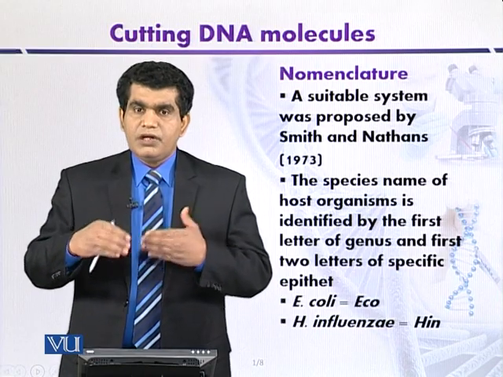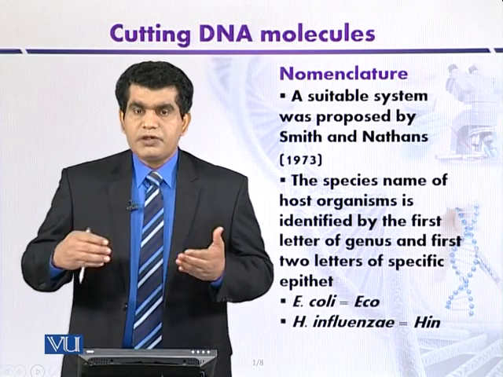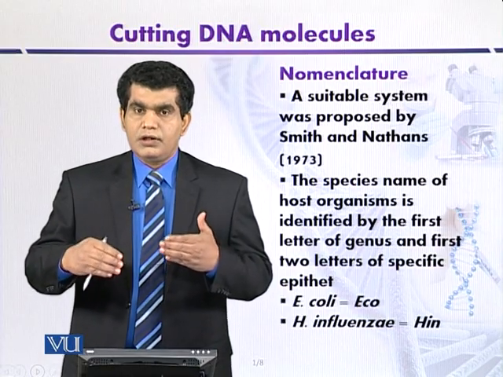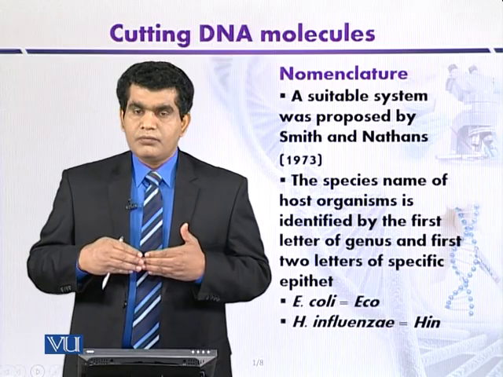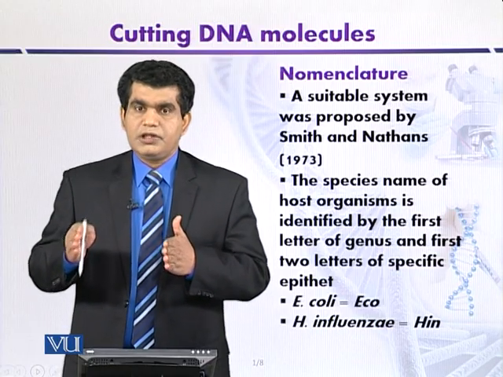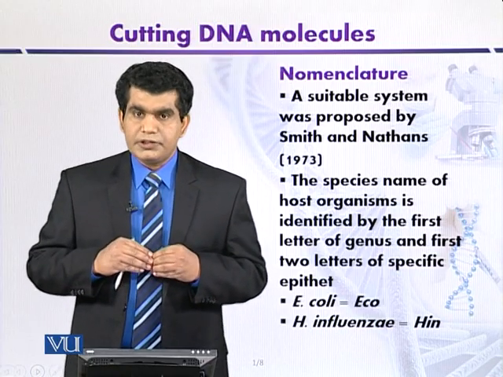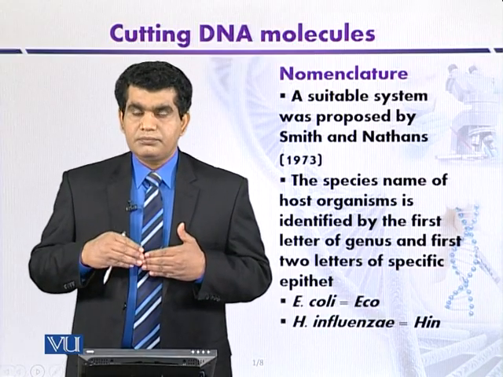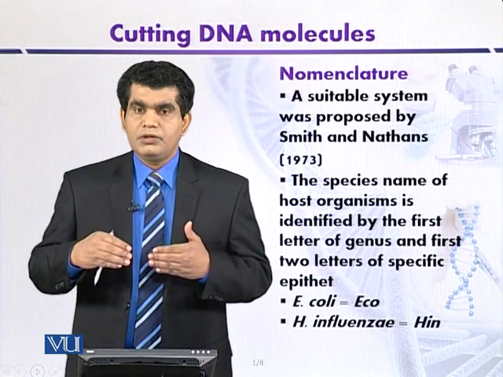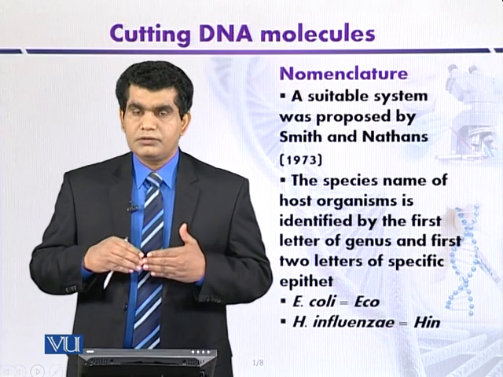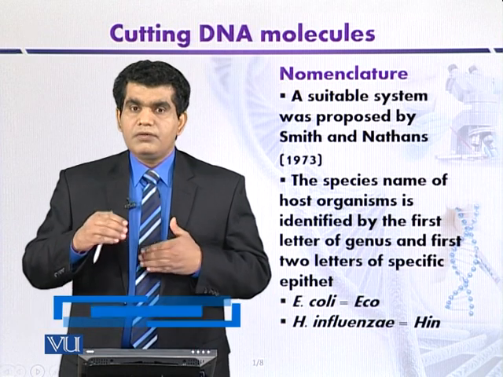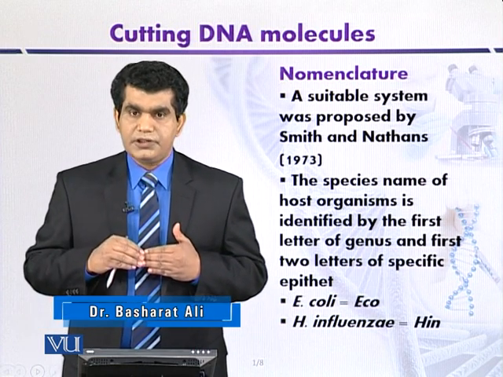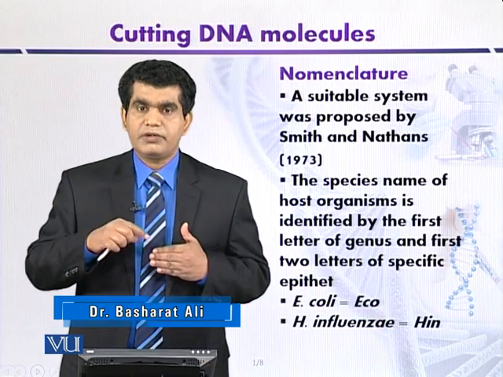One of the first points was that the name of the host organism that produces the restriction enzyme can be used to name it. For example, if the restriction enzyme is isolated from Escherichia coli, the first letter will be from the genus name, that is Escherichia, so E will be taken from the first name.